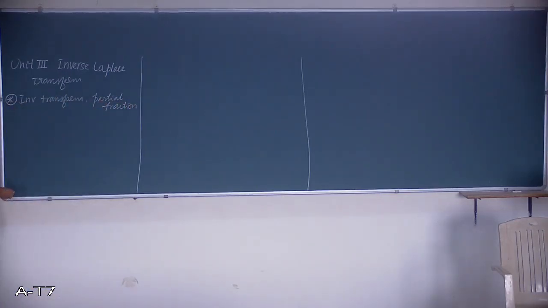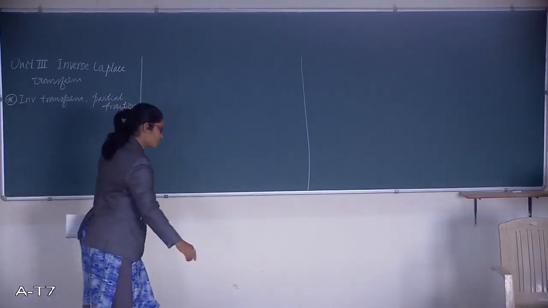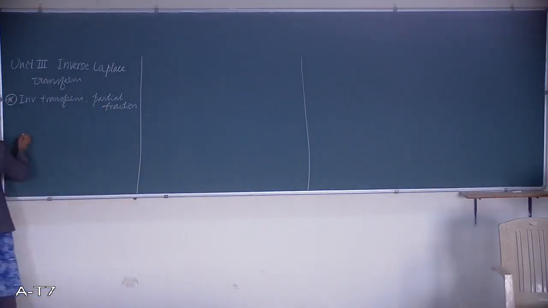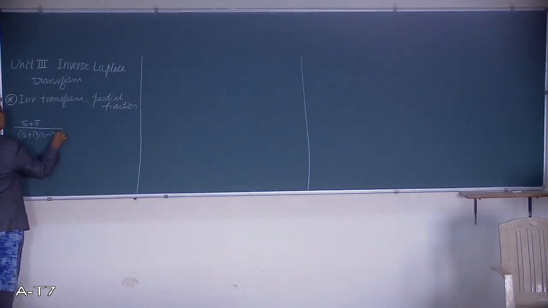While preparing for PUC CET exam and other competitive exams, we have studied the method of partial fractions. In short, I will tell it. First, suppose I take (s plus 5) divided by (s plus 1)(s minus 1)(s plus 3).